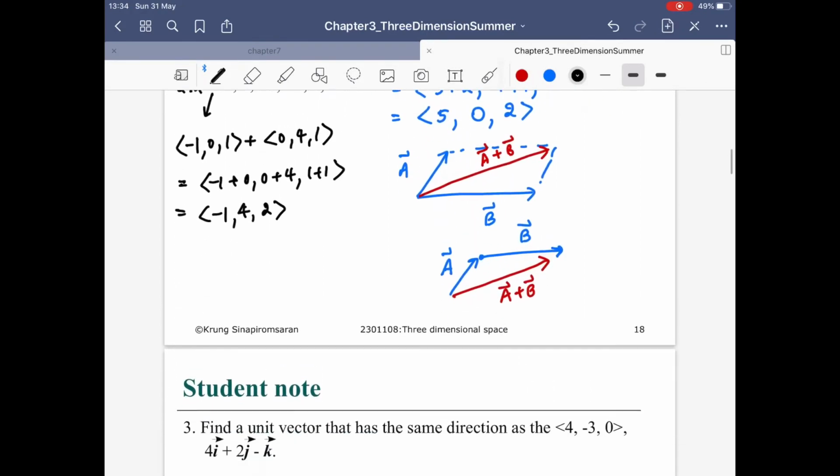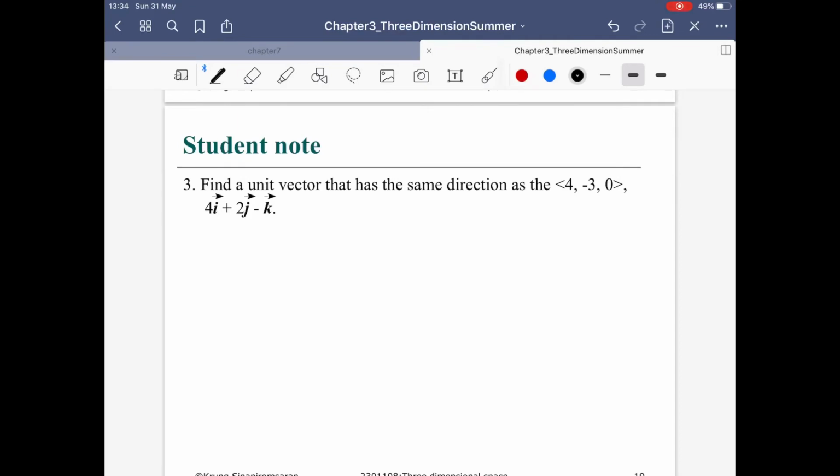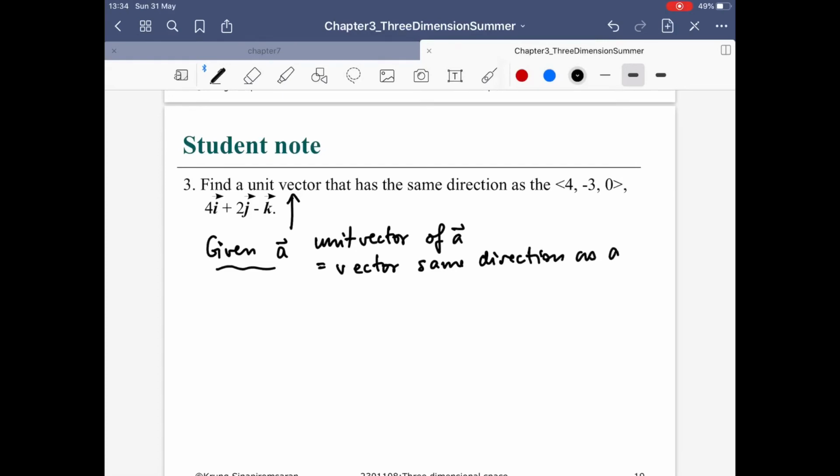Now, if you need to find the so-called unit vector, so if we are given vector A, a unit vector of A is a vector that has the same direction as A, but a length or magnitude of 1, and it is simply calculated by 1 over the length of A multiplied by A. So if you need to find a unit vector that has the same direction, there are two problems, 3.1 and 3.2.